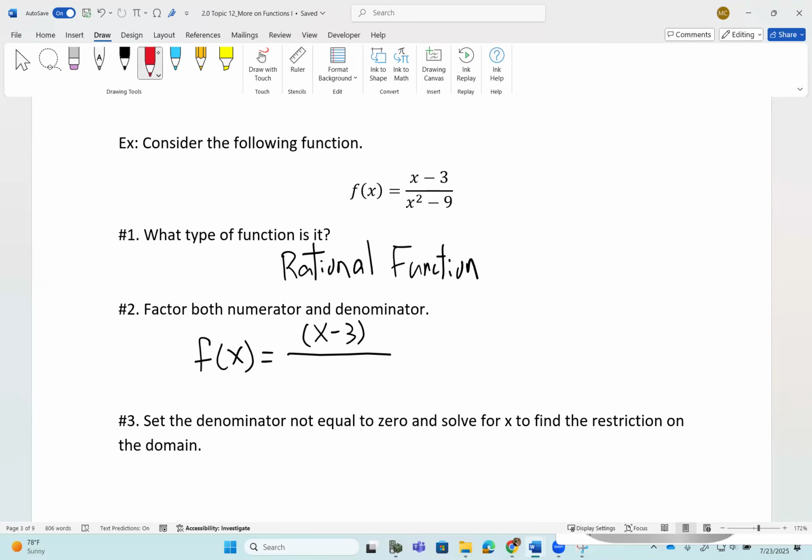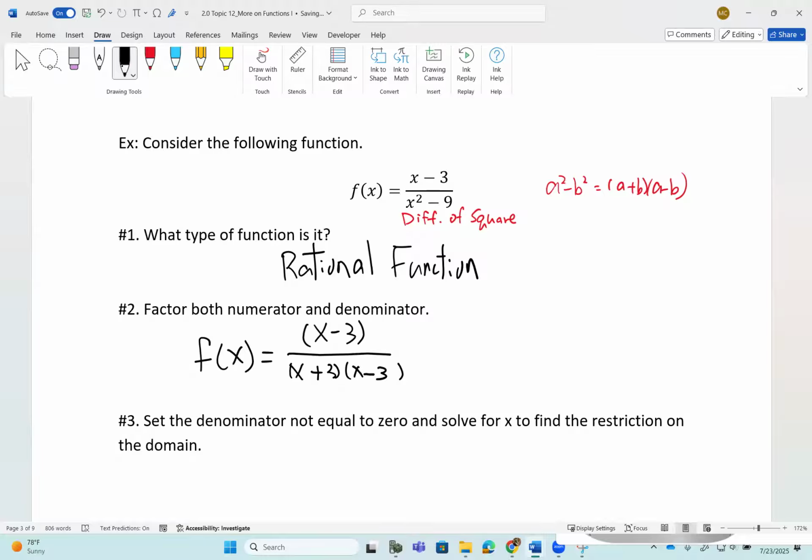Here I've got two perfect square terms with a subtraction sign in the middle, so that must be a difference of squares: a squared minus b squared equals a plus b times a minus b. Before x was ever squared, it must be x and x. Before 9 was ever squared, it must be 3 and 3. One positive, one negative.